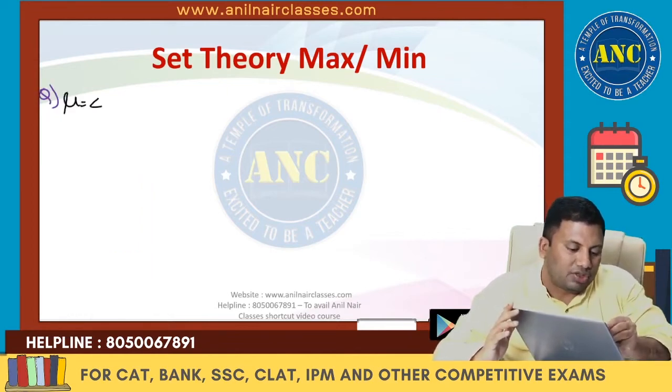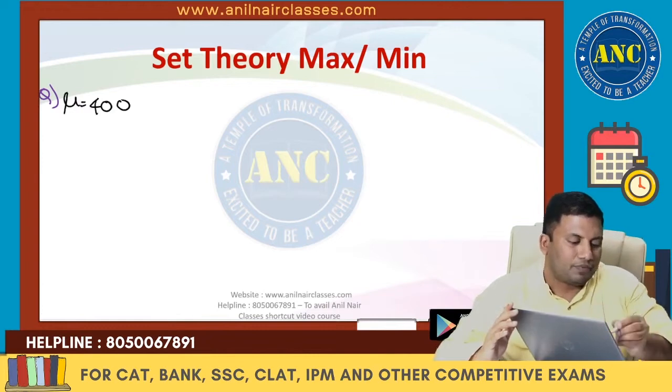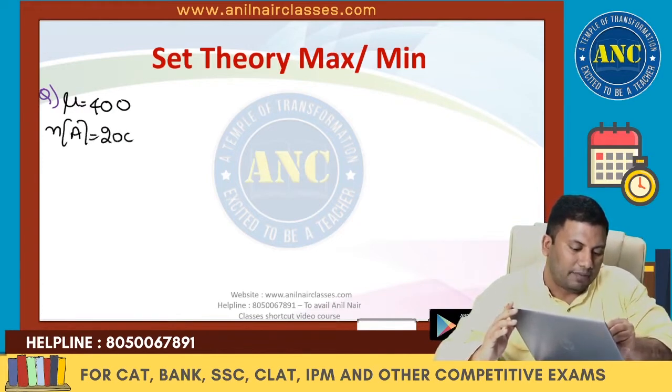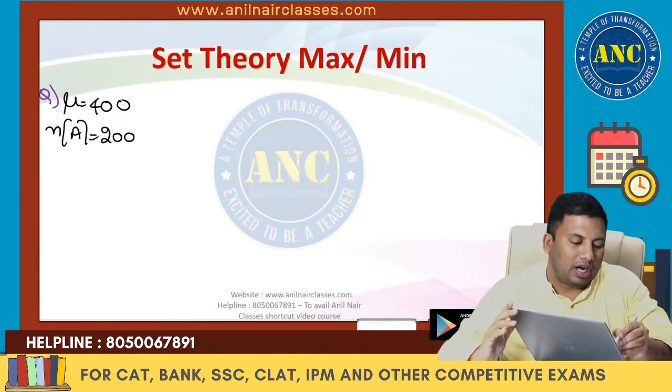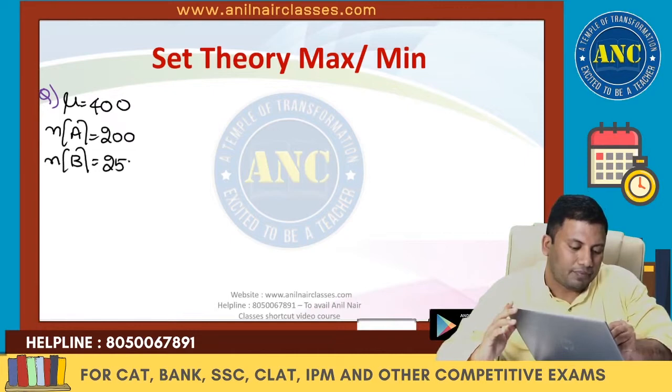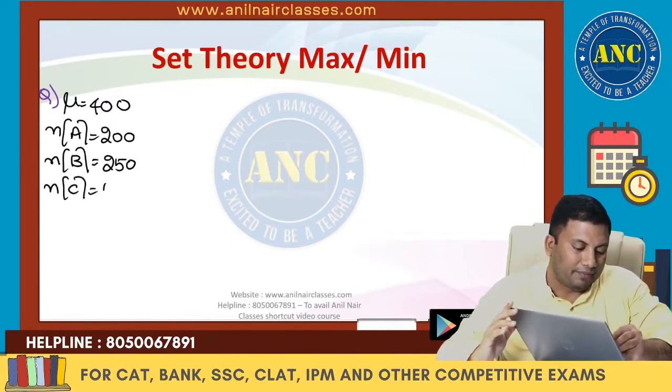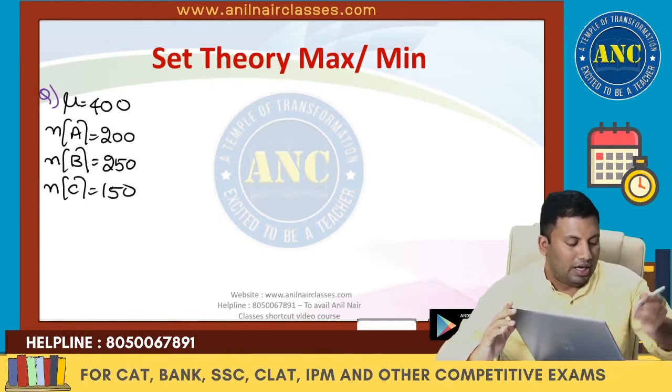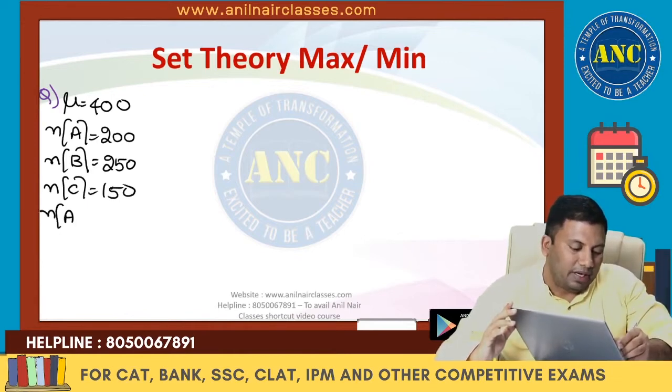Mu is nothing but 400. N of A is 200. N of B is 250. N of C is 150.